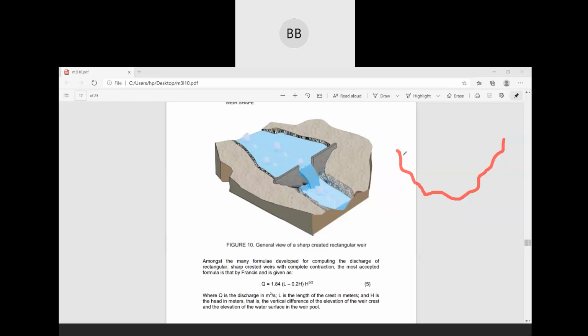So what we are going to do is construct a weir of a particular shape. Then your cross section is now uniform, so these are all constructed parts, and water is flowing inside this weir. It may be rectangular, triangular, or trapezoidal, so it varies depending on the shape.